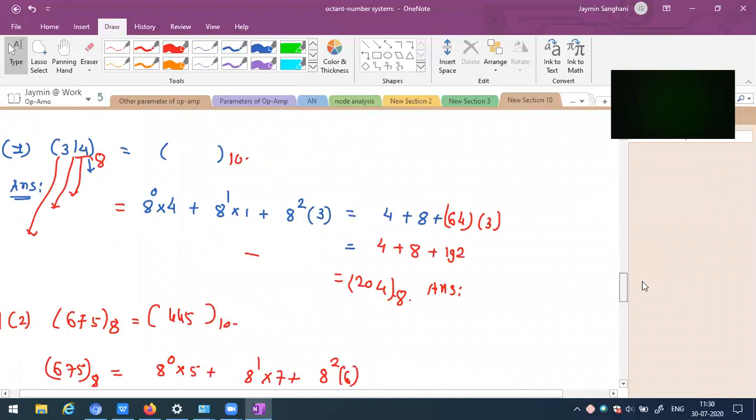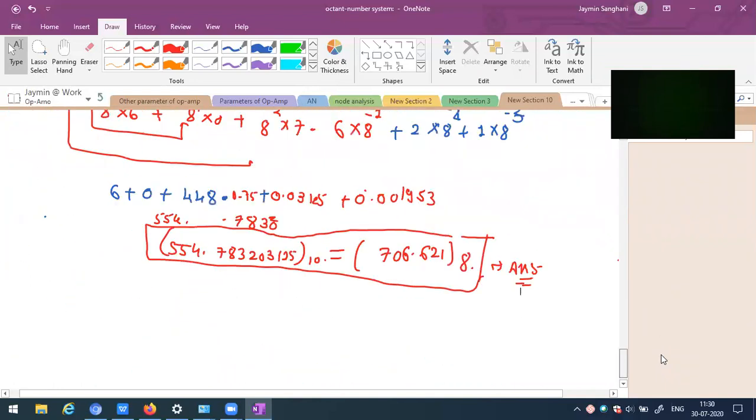So that was octal to decimal conversion. Now the next point, which is known as decimal to octal conversion, the reverse process.